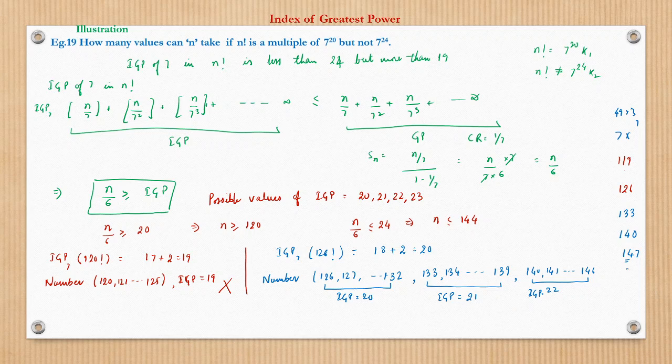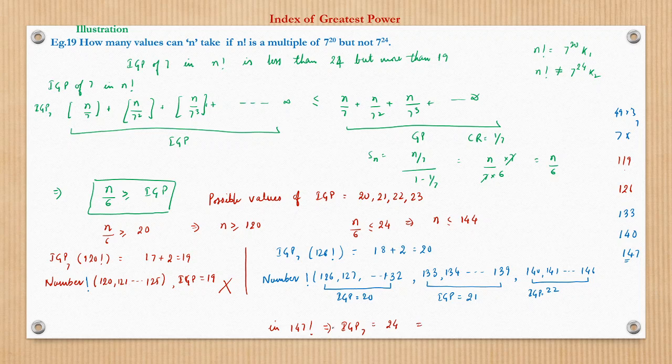Now what happened in case of 147 factorial? We know 147 is a multiple of 49, that is 7 square, so there will be two jumps from here. So in 147 factorial, IGP of 7 would be 24.